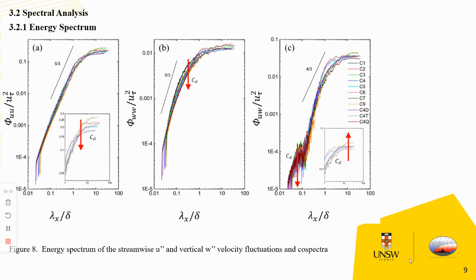We also compare the different drag coefficients, and we found that the secondary peak has some connection with the drag coefficient. As the drag coefficient decreases, the energy of the secondary peak is increased.